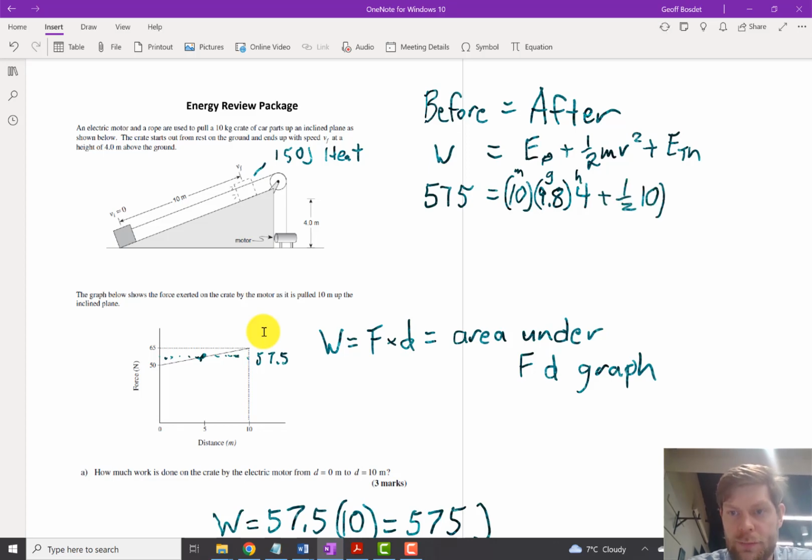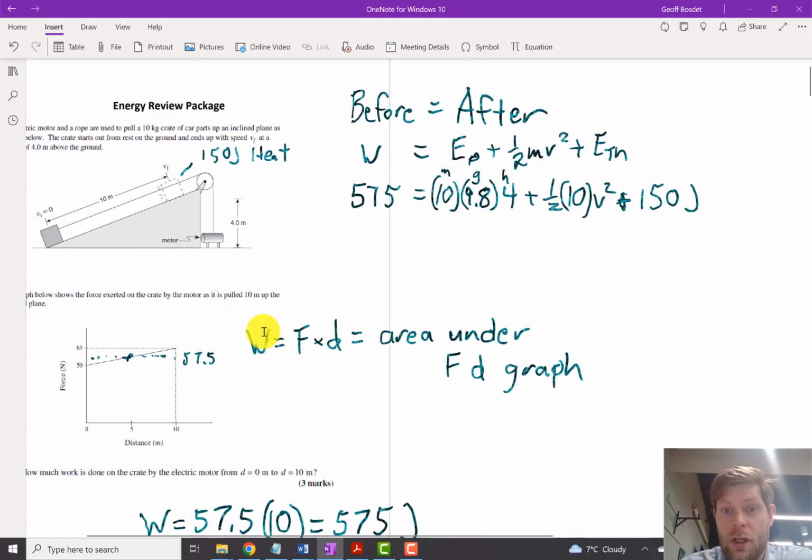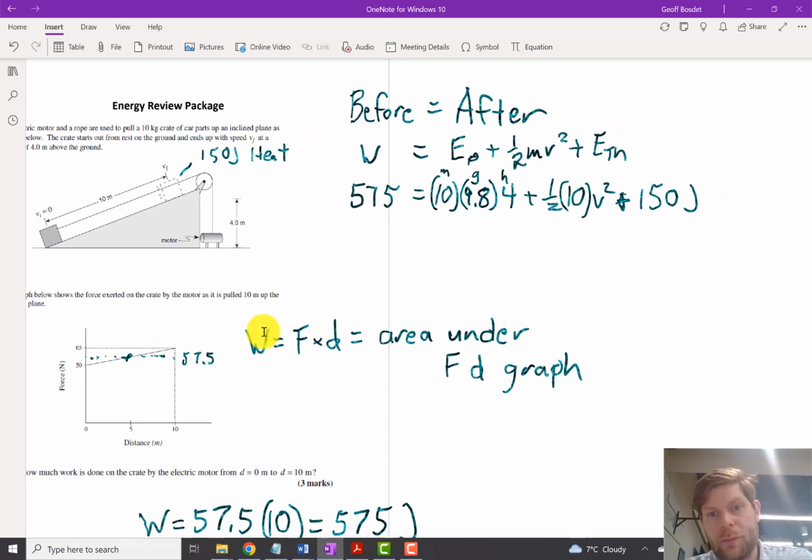Plus 1/2 times 10 times v squared, plus our thermal energy, which is 150 joules. 9.8 times 4 is just 39.2. 39.2 times 10 is 392. 392 plus 150 is 542, I believe, leaving us with a grand total of 33 joules.